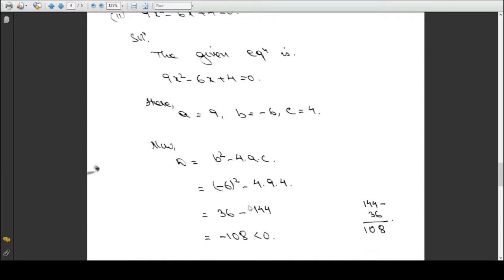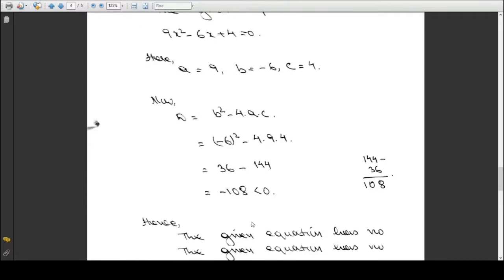On subtracting, 144 minus 36, you get 108. Which sign is greater? It is the minus sign, therefore you will have minus 108. Is this number greater, less or equal to 0? It is less than 0. Therefore, the equation will have no real roots.